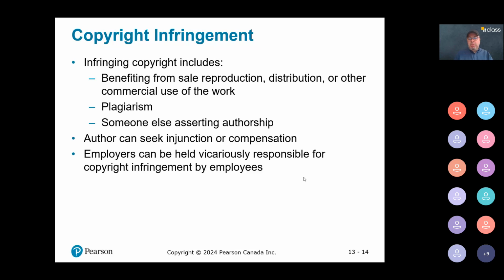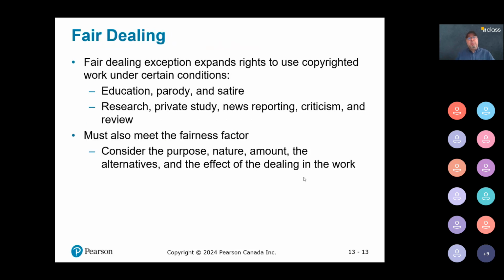But there are exceptions. So there are times or situations in which we can use copyrighted content even without asking the author's authorization. This is better known as fair dealing. When we deal with copyright in a fair way, we don't need to ask the author's authorization, and we can use the copyright content and it's not a violation.